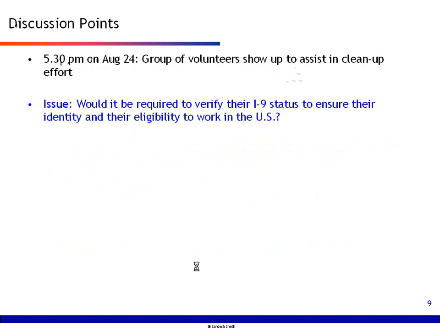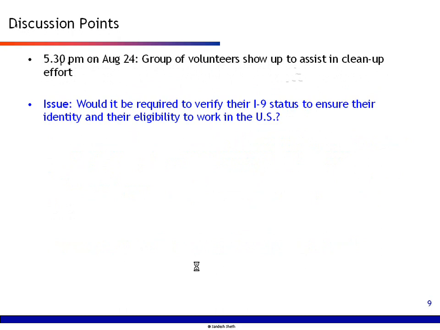It's 5:30 p.m. A group of volunteers show up to assist in cleanup efforts. Due to the hurricane, a part of the building was destroyed and there are documents out in the open. There is debris scattered, and a group of volunteers has shown up.